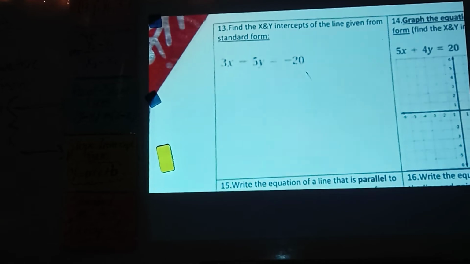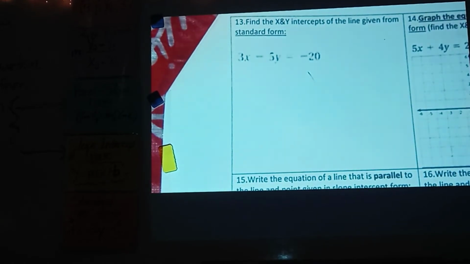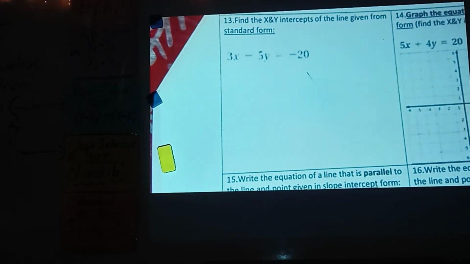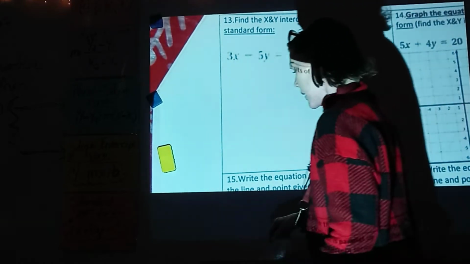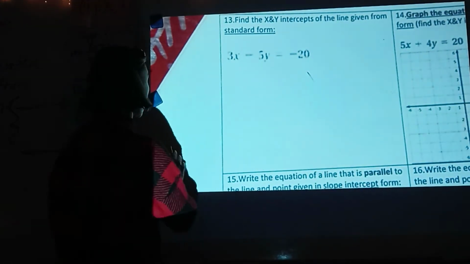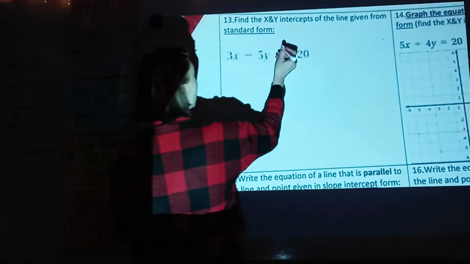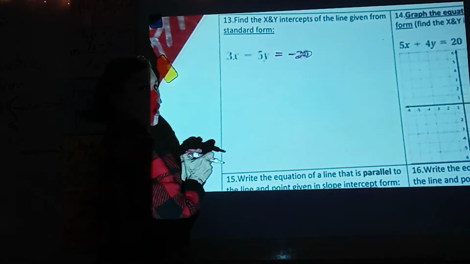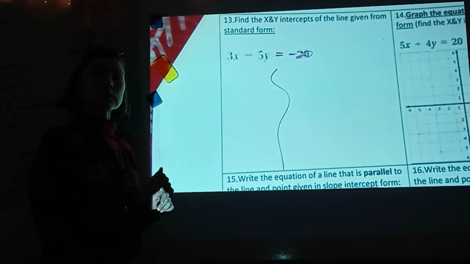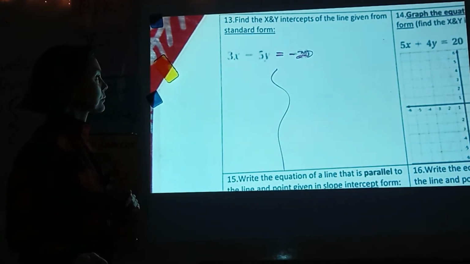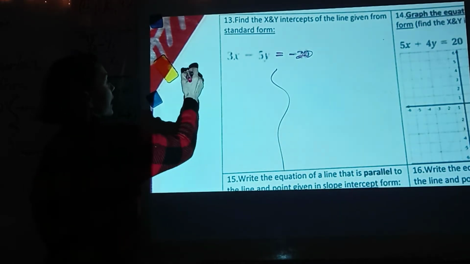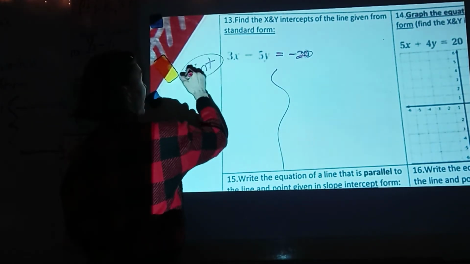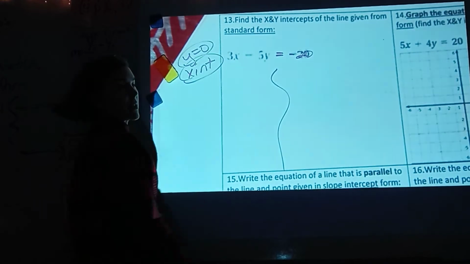And there we go. Find the x and y intercepts of the line from standard form. The x and y intercepts, okay? So remember, when we're finding the x and y intercepts, we have to make the opposite equal to 0, okay? So draw your squiggly. So on the left side, we're going to solve for the x-intercept, which means we have to make the opposite equal to 0.